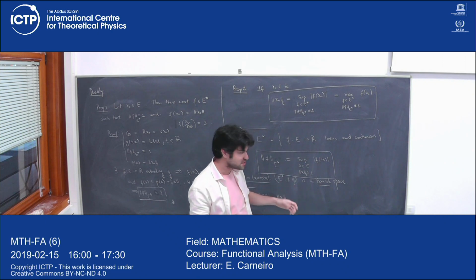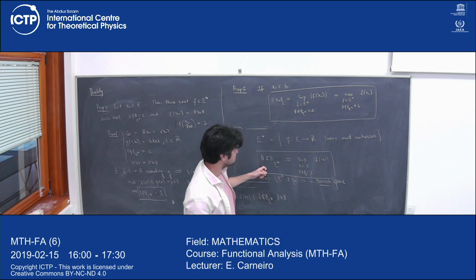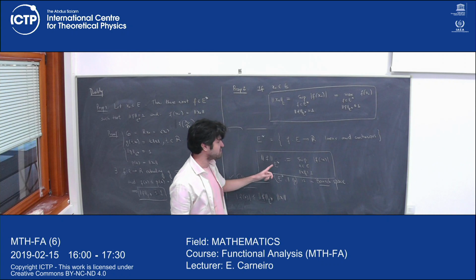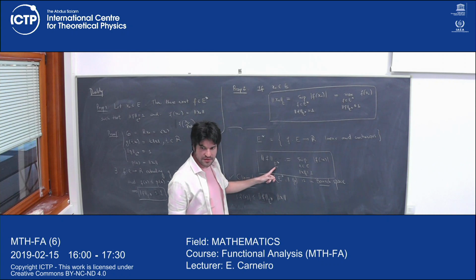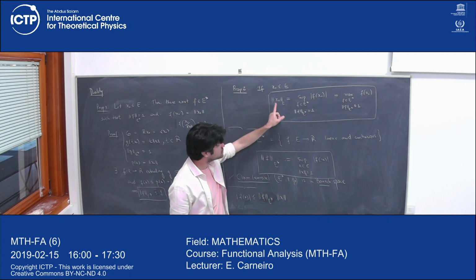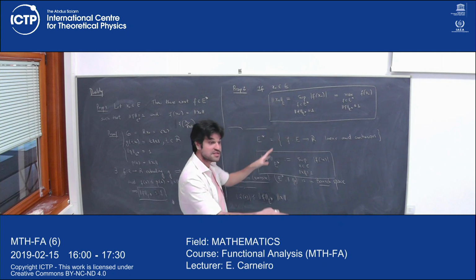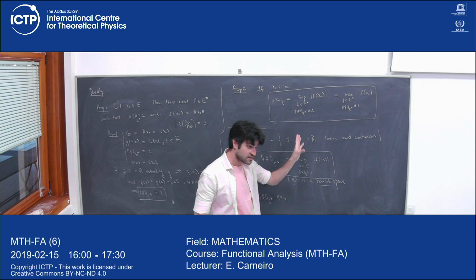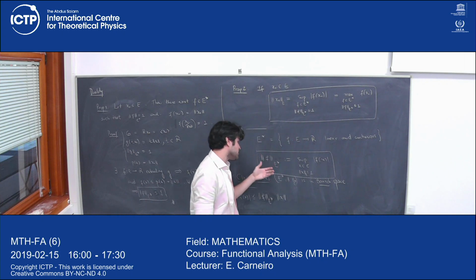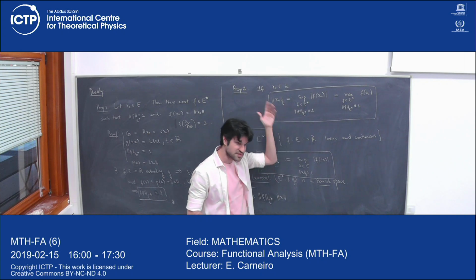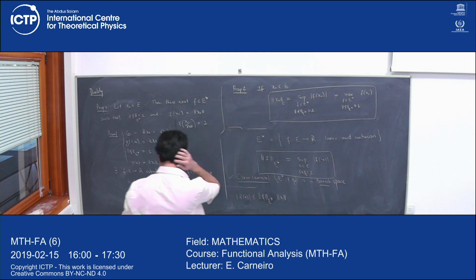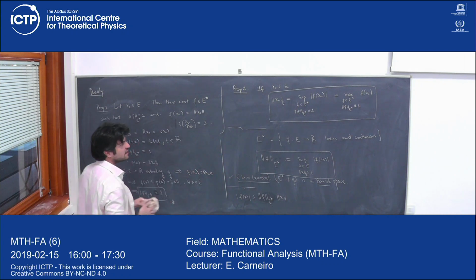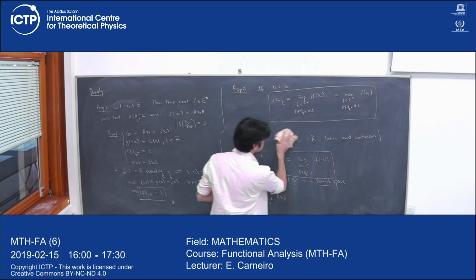So this is a duality statement. However, note that this is the definition of the norm of f in the dual space. This is not the definition of the norm of x0 in E, which is given from the beginning. This is actually a consequence. While this is a definition, this is something that can be proved. This is a consequence of things. And well, how do we prove this?